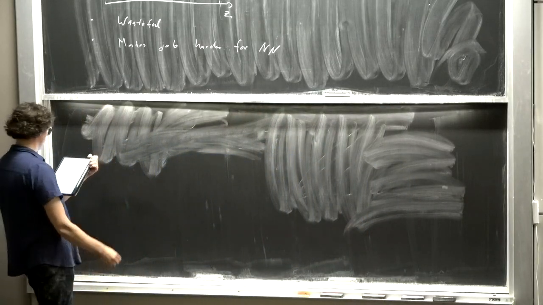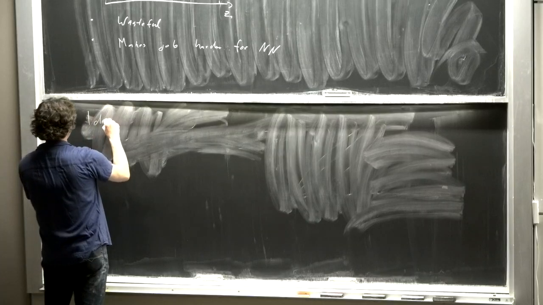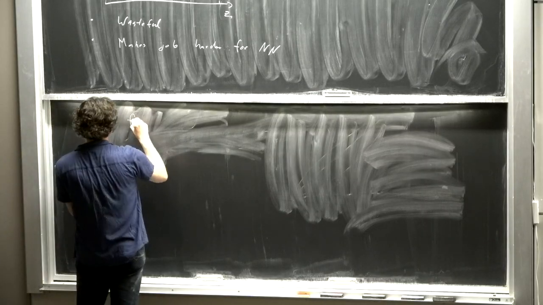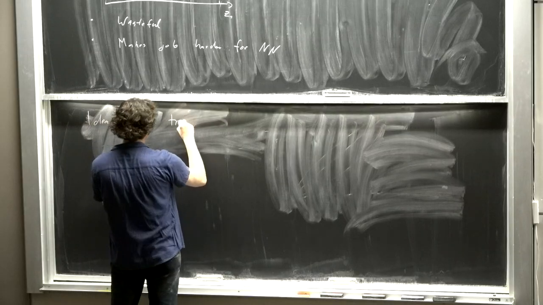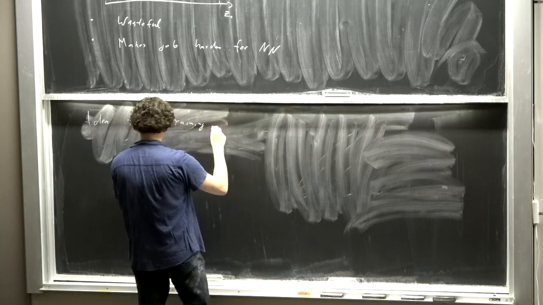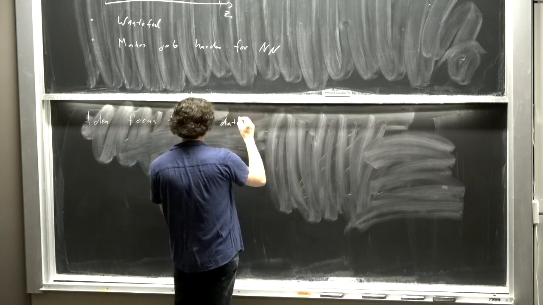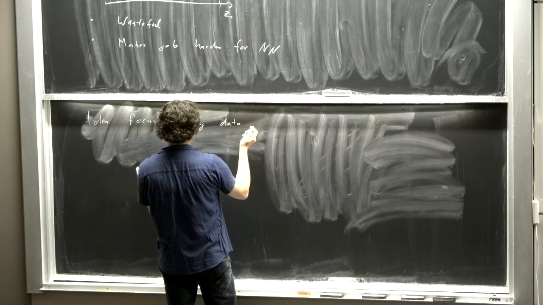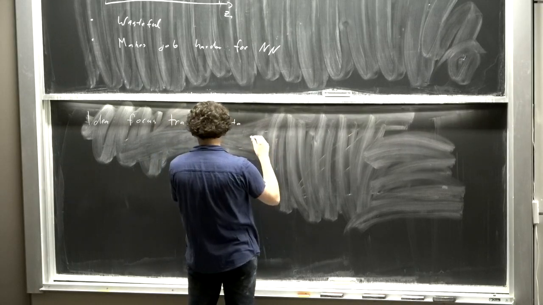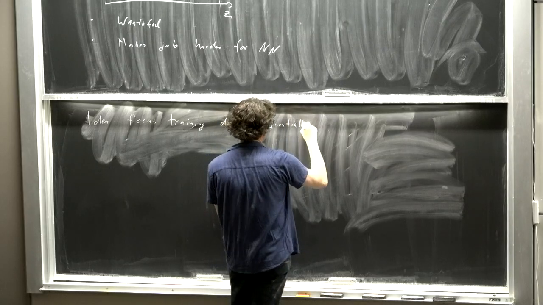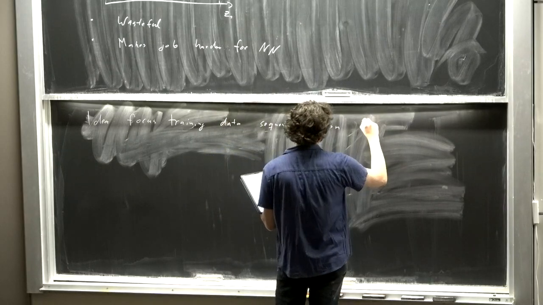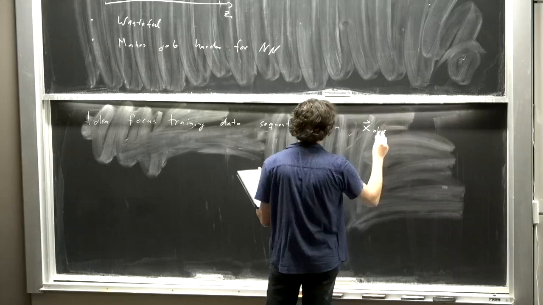I sketch here the most basic algorithm. So focus the training simulations that you run, so the training data, sequentially on some specific observation, okay?